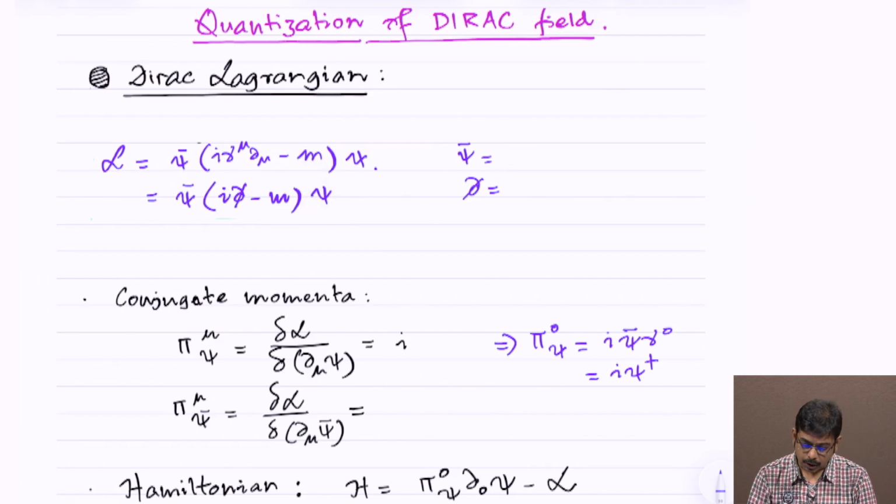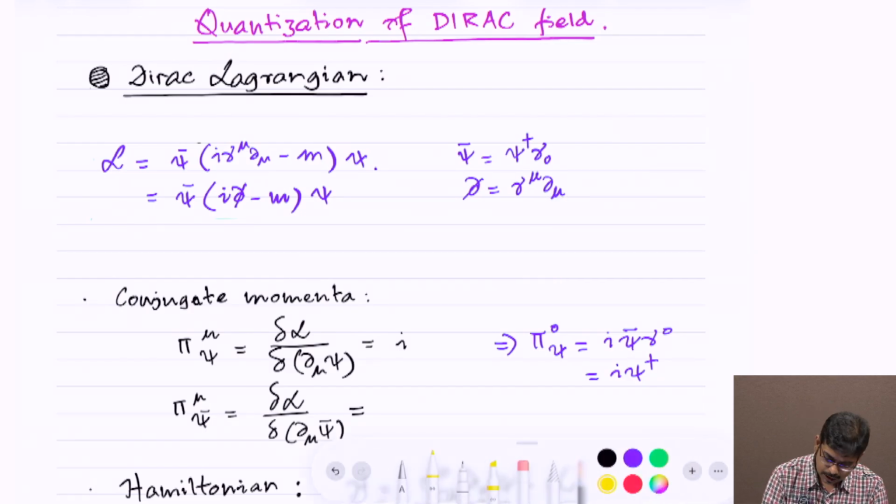Gamma mu are called the Dirac matrices, del mu is the four-derivative, and psi bar is the conjugate Dirac field. It is defined as psi dagger gamma 0, and sometimes you also write it like psi bar (i del slash minus m) psi, where del slash is defined as gamma mu del mu. So, this was your Dirac Lagrangian.